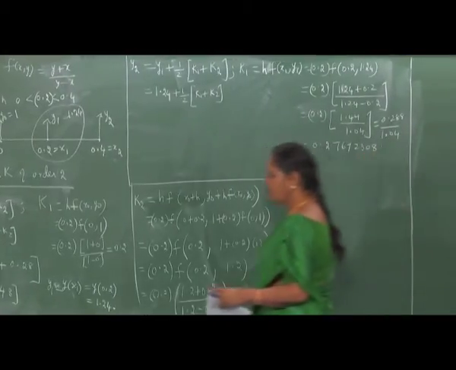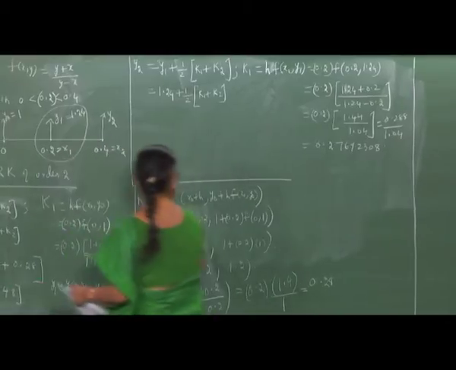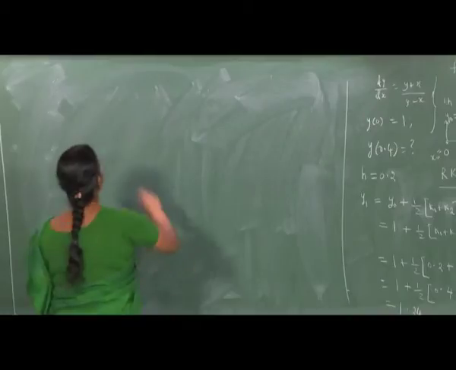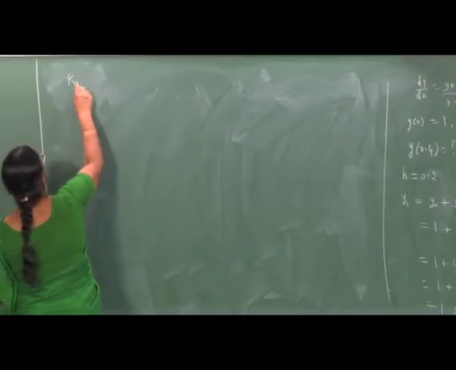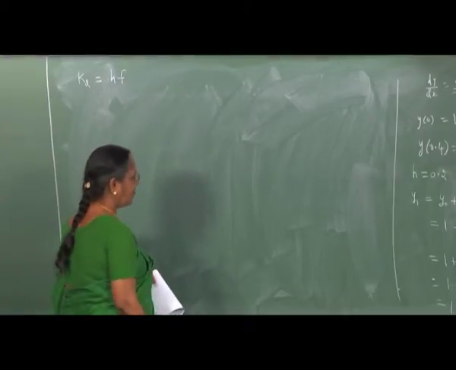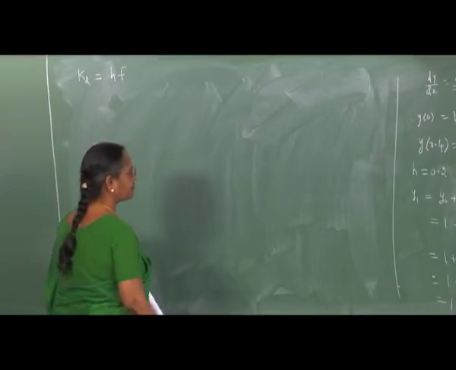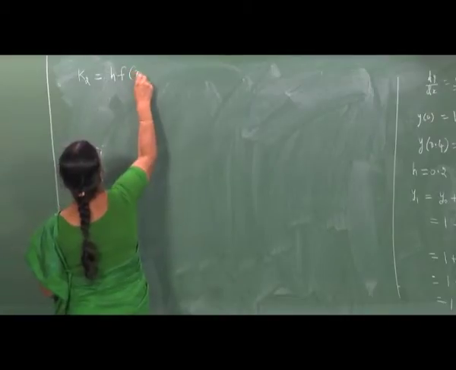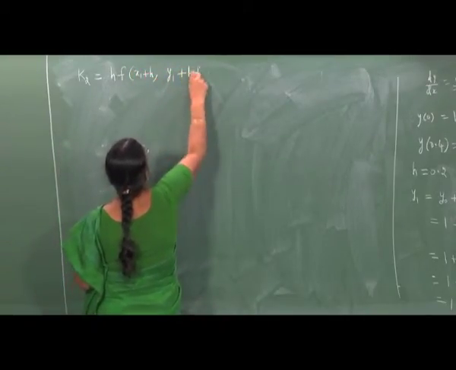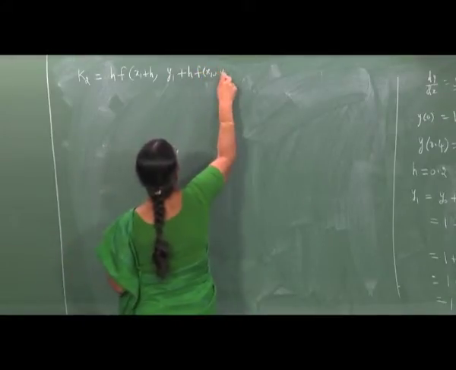We now work out the details for computation of K2. K2 is computed as follows. K2 is h into f of x1 plus h comma y1 plus h into f of x1 y1.